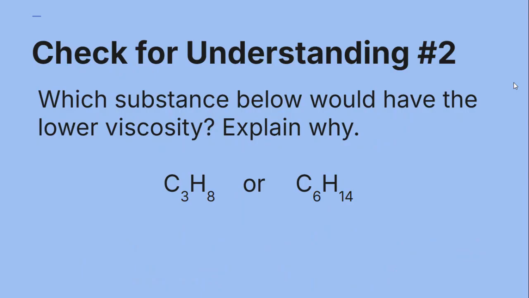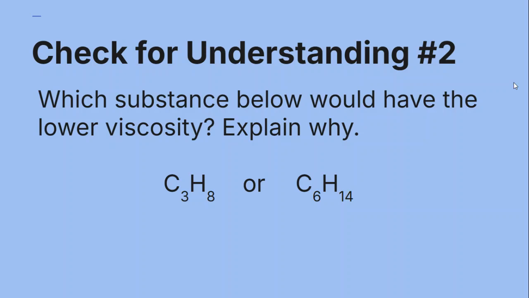So to determine which substance would have the lower viscosity, we are looking for which substance has the weaker IMFs. Both of these molecules would contain only carbons and hydrogens, which means that they're both nonpolar. So they both can only form LDFs. However, one of them is smaller than the other.